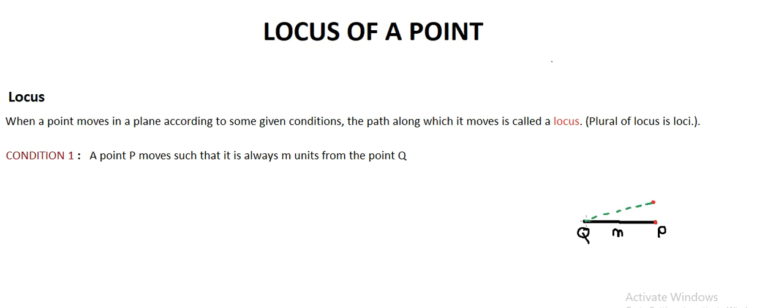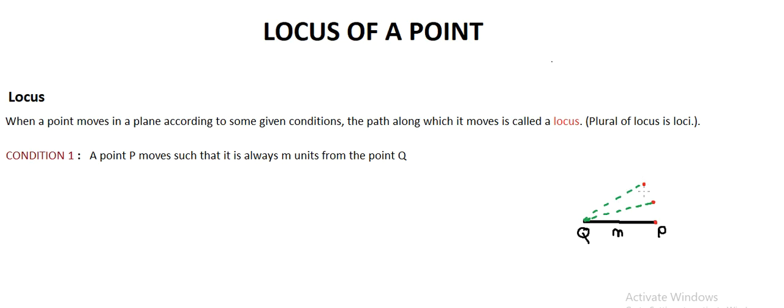Here this distance is also m unit, and if the point P moves here, then the distance between this point and Q will always be m unit. So here also the distance between P and Q must always be m unit.